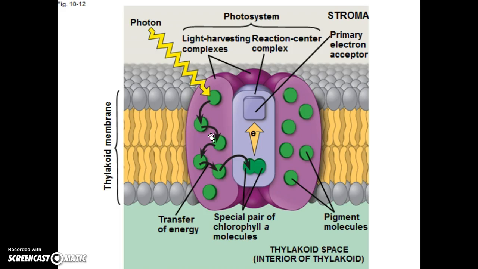They channel or funnel the energy of the photons from the light to the reaction center. We can see this kind of playing Plinko, it looks like. Boom, boom. And we have an excited electron that's captured by the primary electron acceptor.